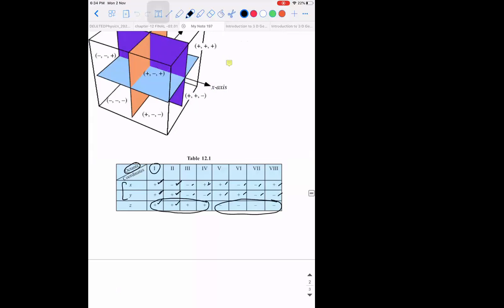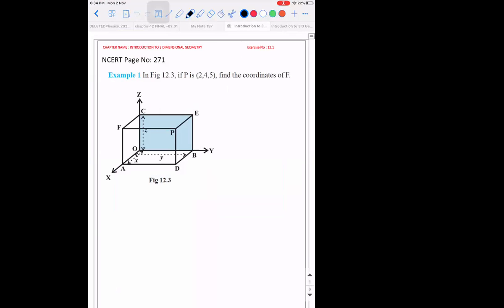I hope you are able to visualize it, right? So look at this. In figure 12.3, if P is 2, 4, 5, find the coordinates of F. So point P belongs to which octant?